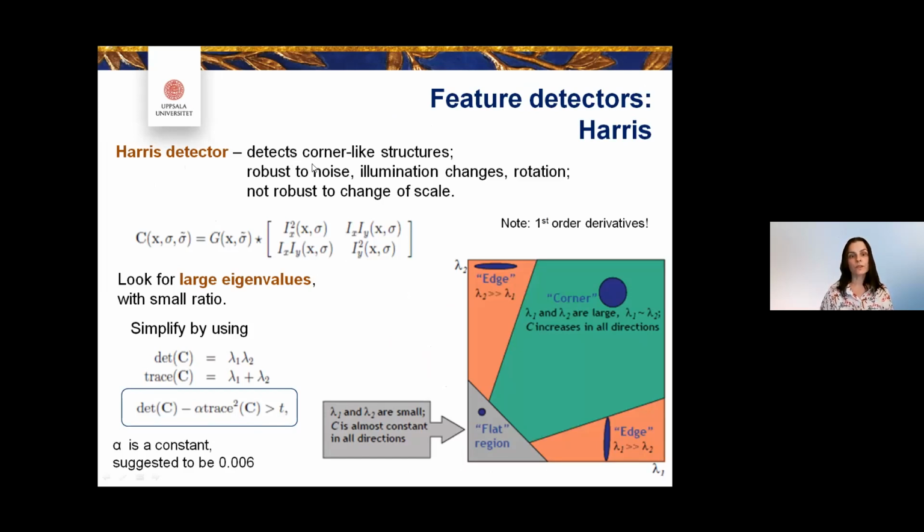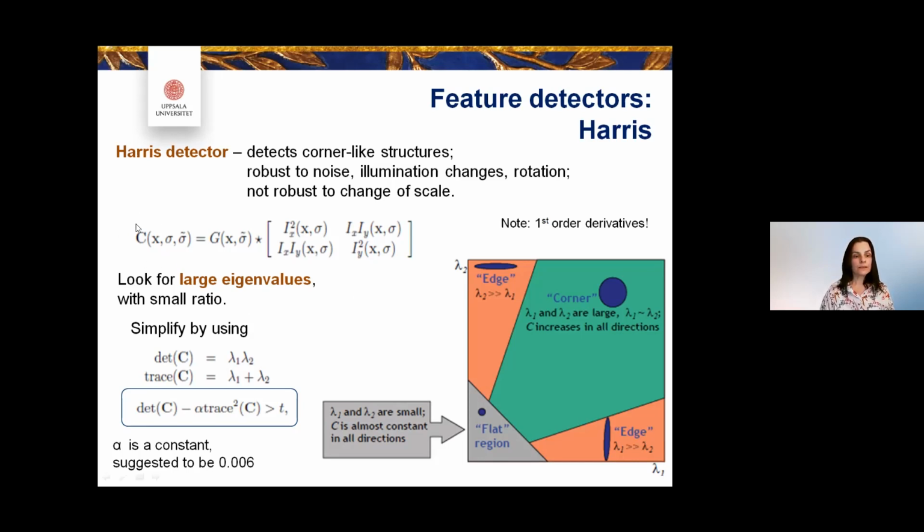It also detects corner-like structures, and it looks for change that happens in the surrounding of an image in more than one direction. It relies on this matrix, which contains first-order derivatives in x and y direction. Here they're squared, and then here they're multiplied, with some suitable Gaussian smoothing to improve robustness to noise.